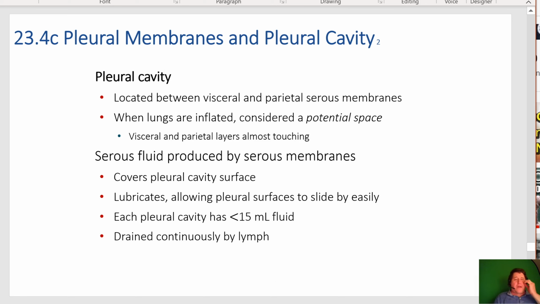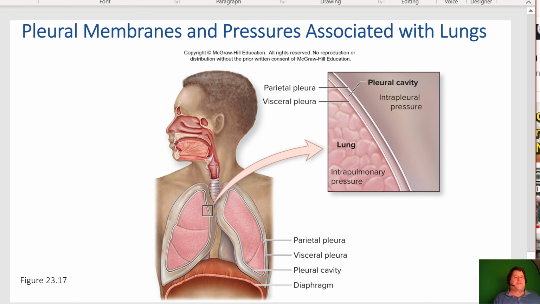The pleural cavity itself is located between the visceral and parietal serous membranes. This is a space in between the two, where the fluid is produced and lubrication occurs. Remember, serous membranes were all about lubrication.